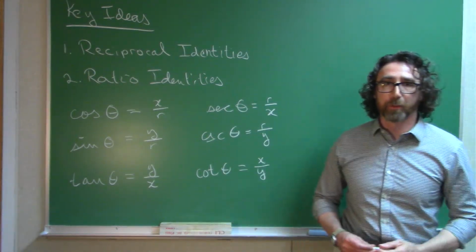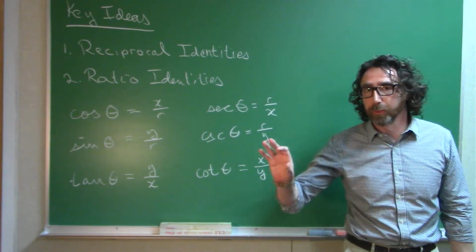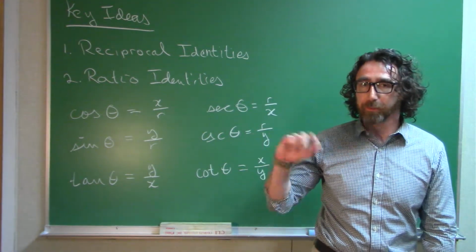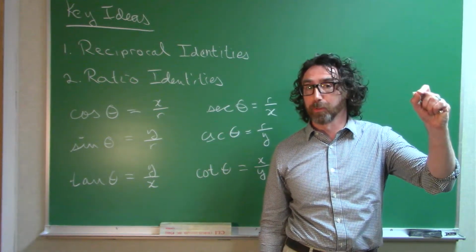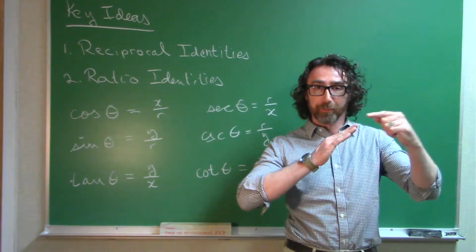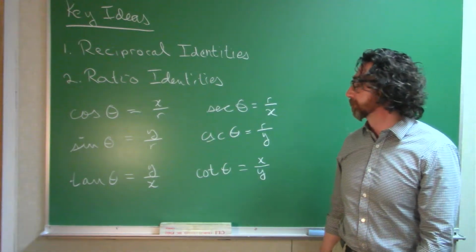You'll remember that we are defining the trig functions in terms of an angle in standard position. x and y are a point on the terminal side, and r is the distance from the origin of our angle in standard position.